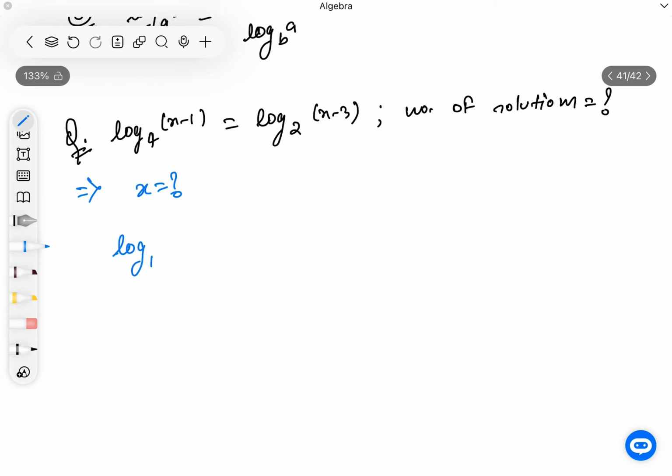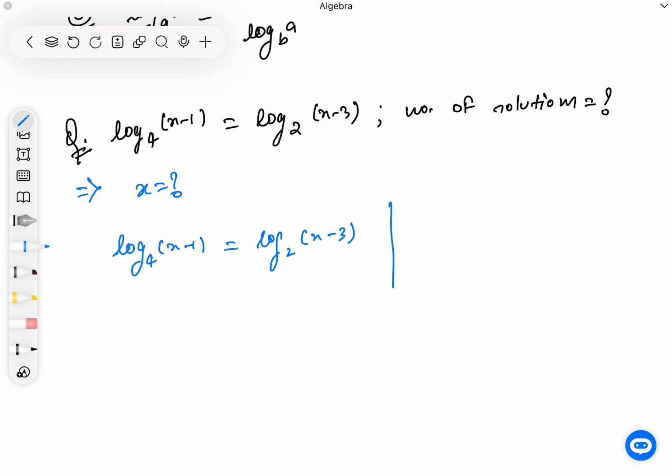I can see that I have this particular equation over here. The first thing that I observe is that the base could be the same. I can see that they are not the same, but they could be, because for 4 I can write it as 2 square, so I can take it outside.